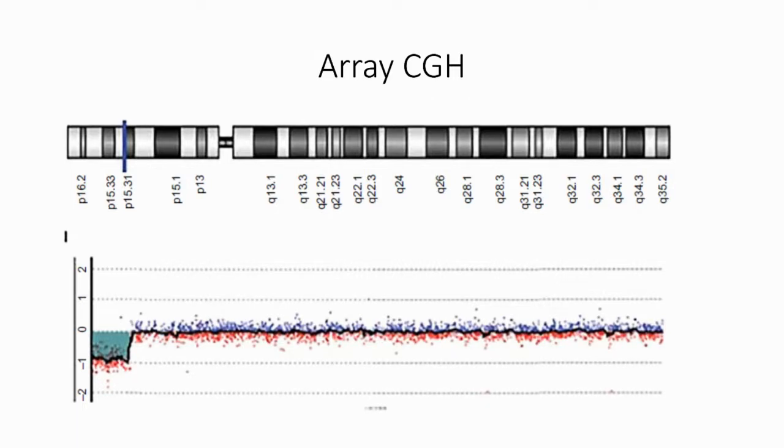That genomic DNA sequence is adhered on the glass slide, right? And so you can increase the resolution for detecting copy number changes in the human genome. And then you can see the gain or loss of specific DNA. So this is array CGH.